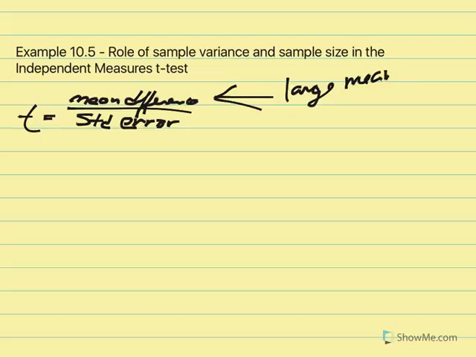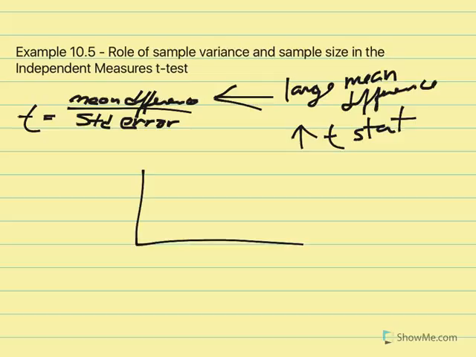mean difference leads to a large, I'll just put my arrows, large t-statistic, which then allows us a greater opportunity to reject the null hypothesis.